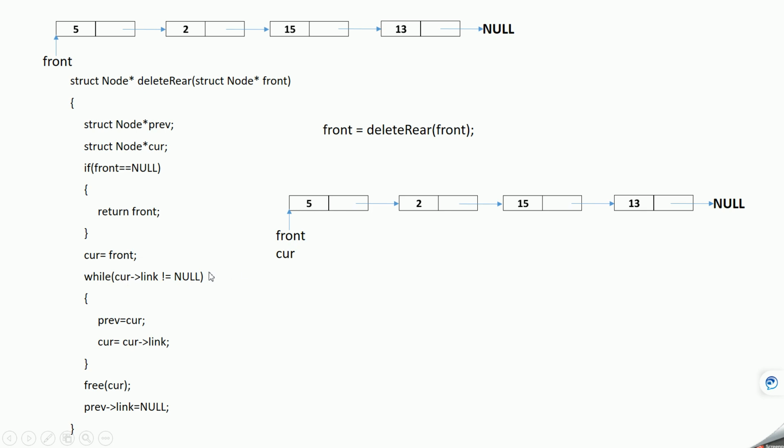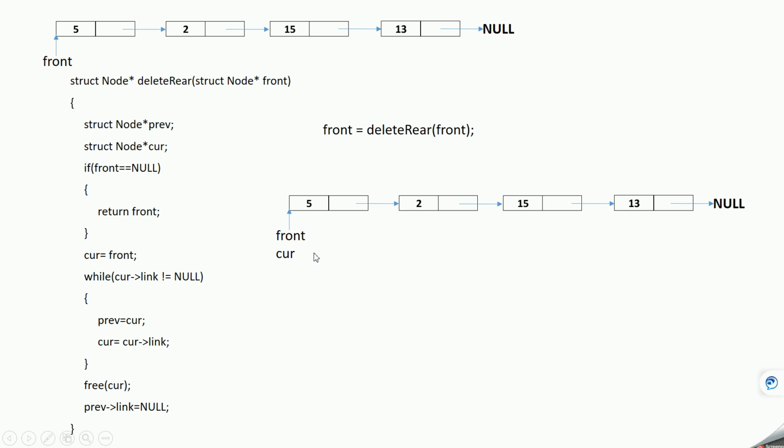Next, we will check whether this current pointer, meaning this node, is pointing to another node or whether this node is just the last node. For that, we'll check whether this node's link is null or not. We'll check link is not null.